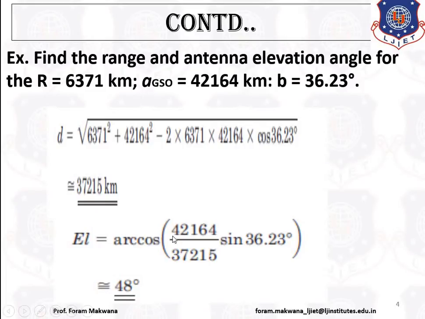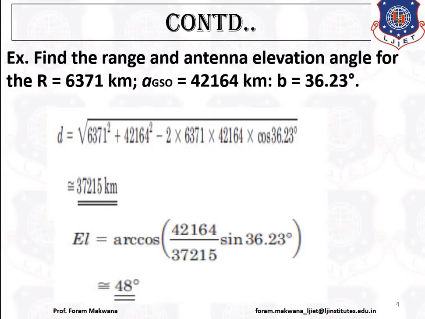It is calculated from this equation, cos inverse agso upon d into sin b, right? Value of b is already given. By solving this equation we get the value of elevation angle as 48 degree. So this is the method to calculate the value of elevation angle.